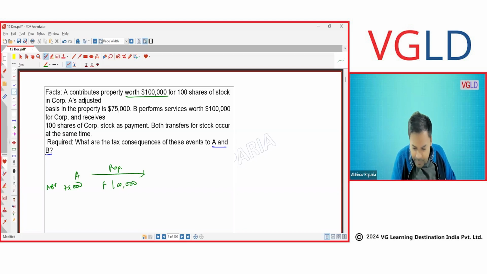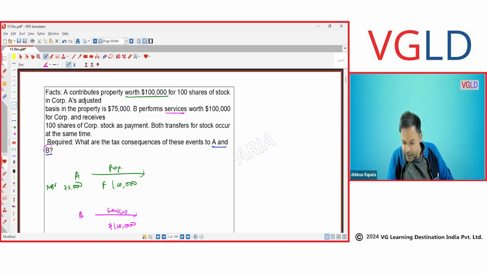So what B has done? B has provided the services for 100,000. That's it. How much B will recognize? B is very simple. Because B has provided the services, that person should recognize the gain. Point here. So how much? 100,000 is going to be ordinary income. Point here.